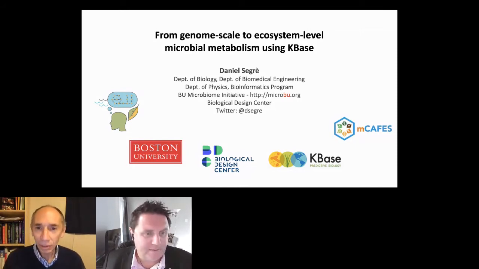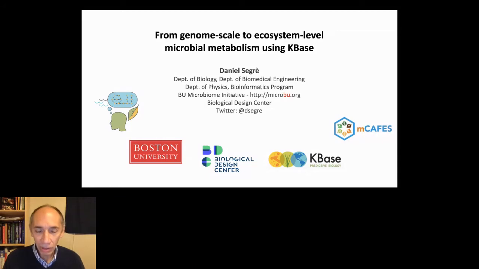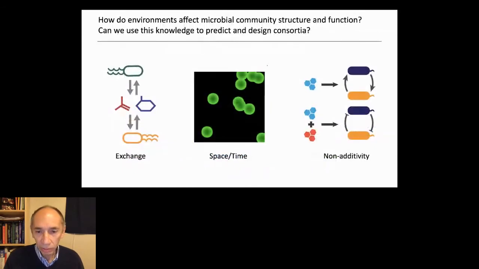So I'm going to tell you a little bit mostly about how we use computational models to address questions on microbial communities and how we leverage the capabilities of KBase in our work. These are some of the broad questions we're interested in my group, in particular how environments and complex environments affect microbial community structure and function. And we hope to make computational models that will allow us to understand enough of this interaction between environment and microbes so that we could predict and design consortia.